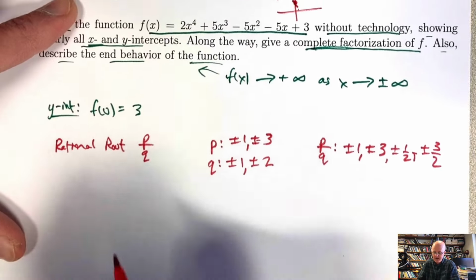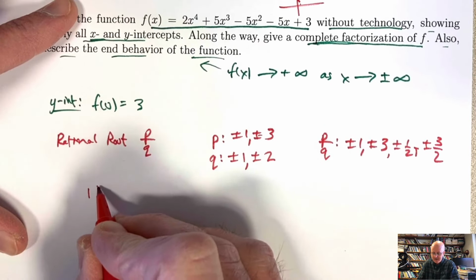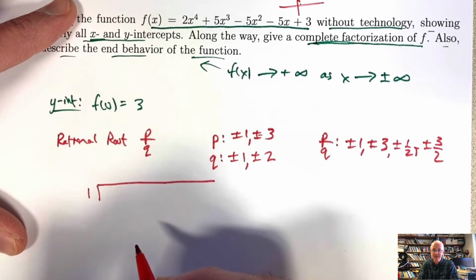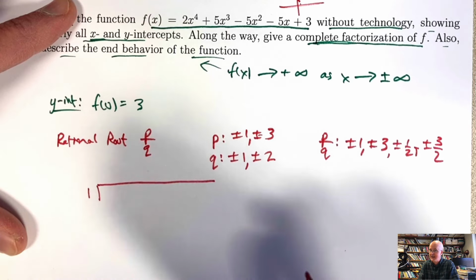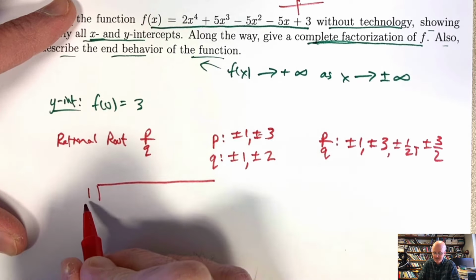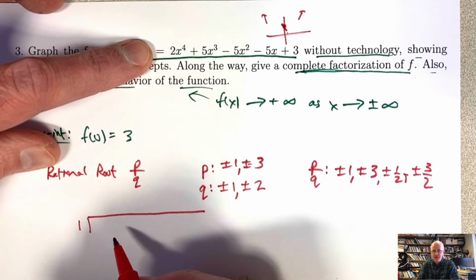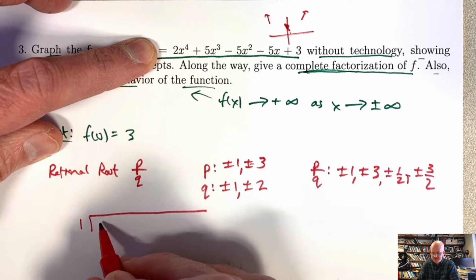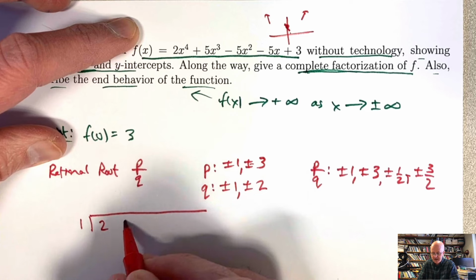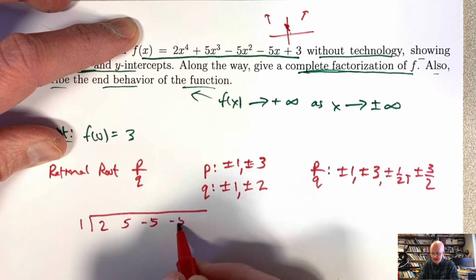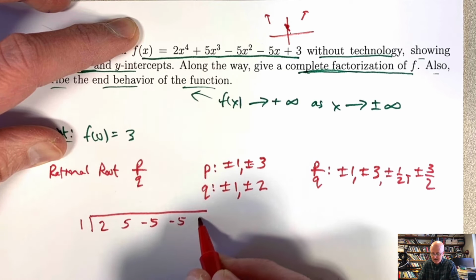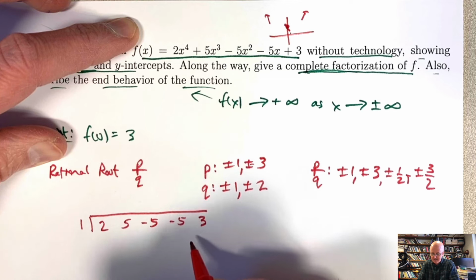You want to really confirm it? You could do it with synthetic division. I'm effectively dividing by x minus 1 by putting a positive 1 there. Put the coefficients of the polynomial in here: 2, 5, -5, -5, and 3. Make sure I didn't miss any.